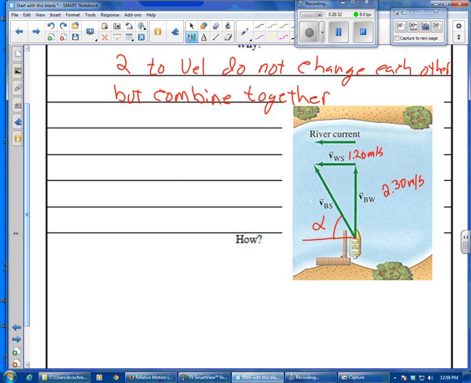Now, if they had said relative to straight across, then they would want theta here. But we can actually find theta and then use that to find alpha, right? I made the mistake. I thought they wanted the angle downstream. It would have been better to say maybe the angle with respect to downstream or something.